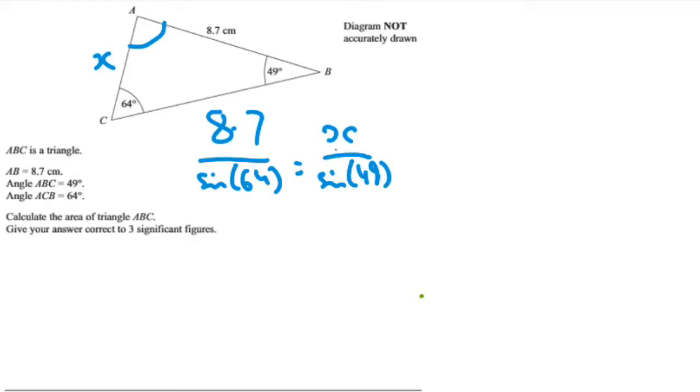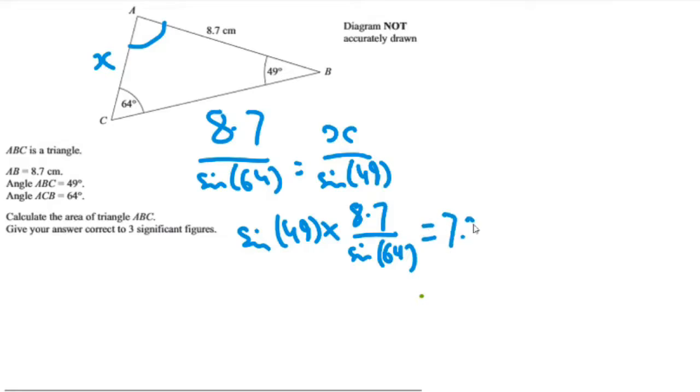In this case, the x that we want is already in the numerator, so we don't actually have to do as much rearranging. All we have to do in this case is get this divided by sine 49 out of there, times that sine on the other side. So you'll have sine 49 times the 8.7 over sine 64, and that will give you a line length of approximately 7.31 centimeters, if we just label that now.